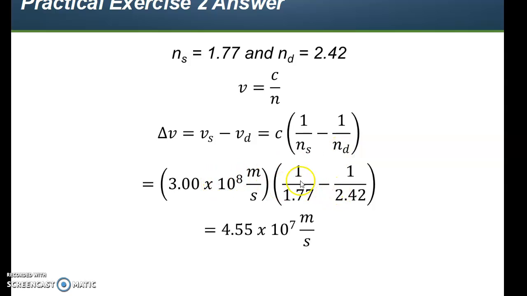Substituting those values in there and using 3.00 times 10 to the 8th meters per second for the speed of light, you actually end up with something a little different than what they have.